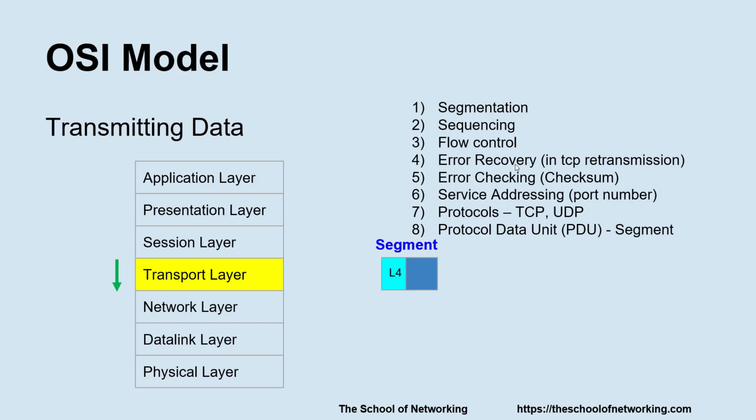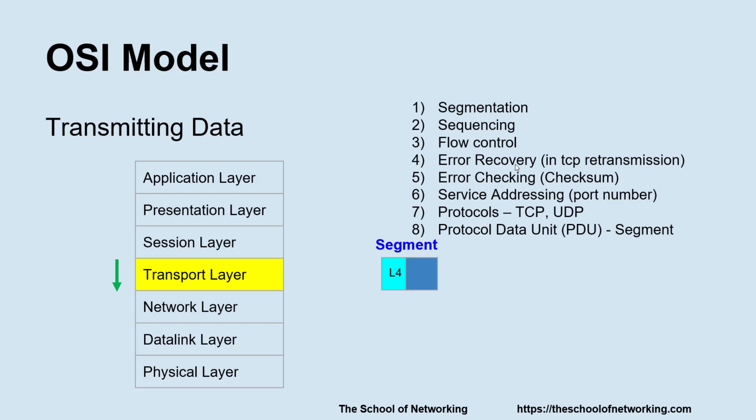TCP is connection oriented, so we need sequencing and flow control. Error recovery is also done in the case of TCP because it is reliable communication. Whereas in the case of UDP, we don't have flow control or sequencing. If that has to be there, it has to be built into the application itself.